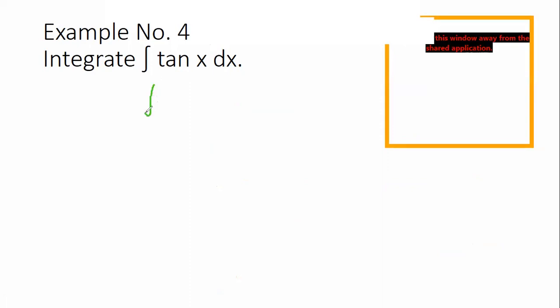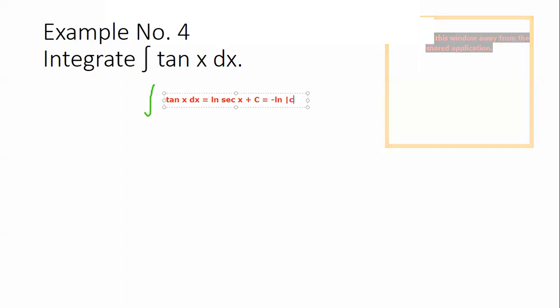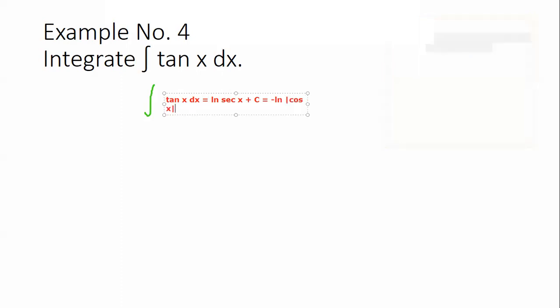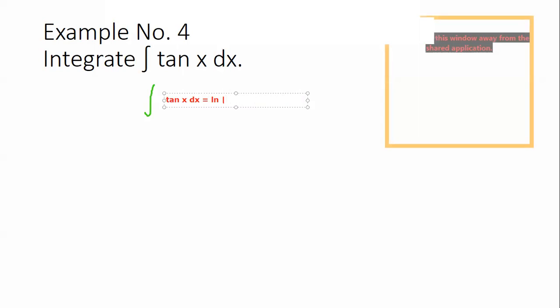The integral of tangent x is equal to negative ln of cosine x, or that's also equal to ln of secant x plus c, or that's also equal to negative ln of cosine x plus c. Let's see how this happened.